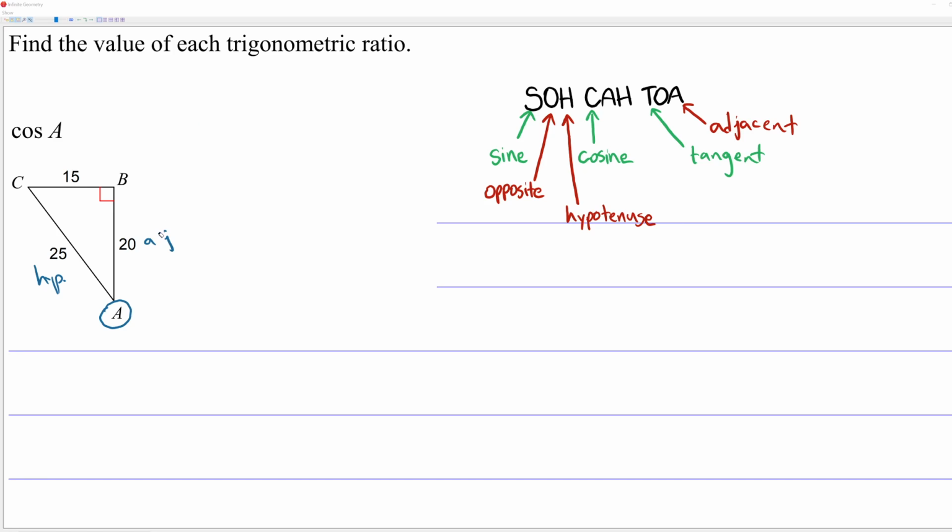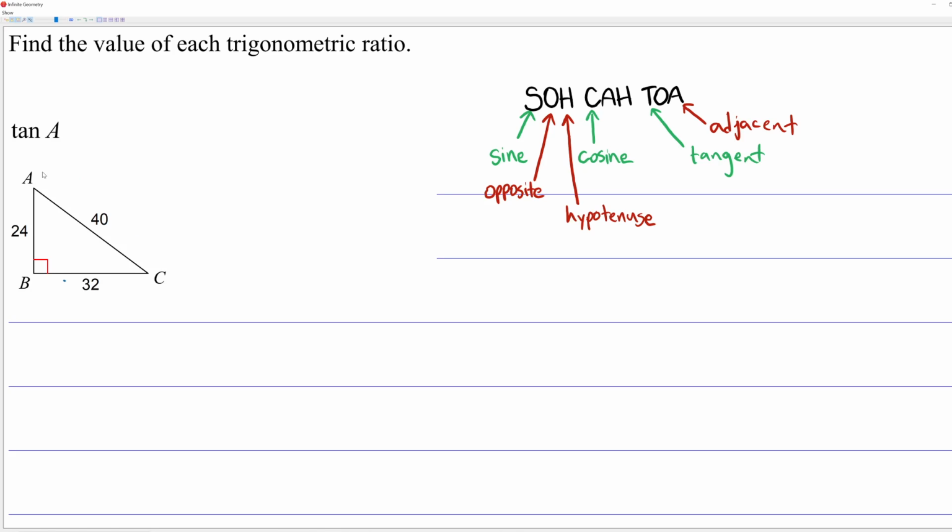What about the tangent ratio? The tangent of angle A, let's go to our abbreviation, TOA. Tangent is opposite over adjacent. So here's angle A. 32 is the opposite side. 24 is the adjacent side. 40 is the hypotenuse, but that's not needed for the tangent ratio.